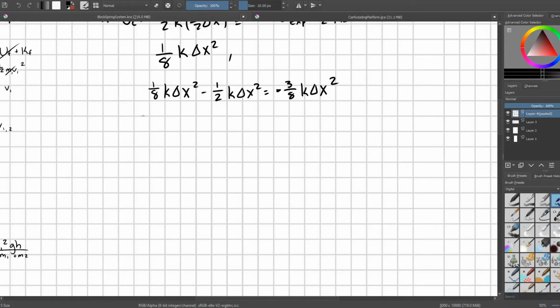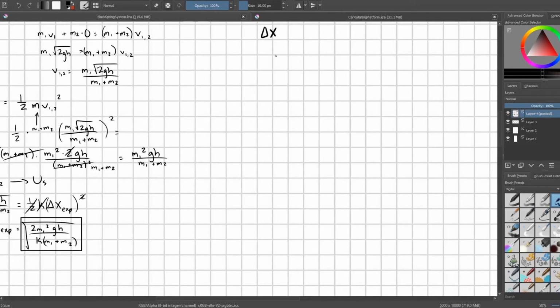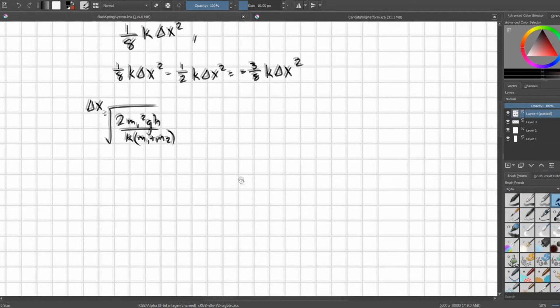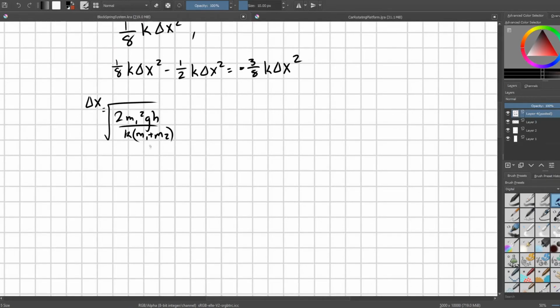So I'm going to rewrite out what my delta x actually is, which is square root of 2m1 squared gh over k times m1 plus m2. So I'll substitute that in, and we get negative 3/8 times k times the square root of 2m1 squared gh over k times m1 plus m2, all of this squared.